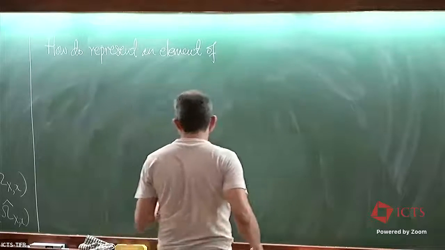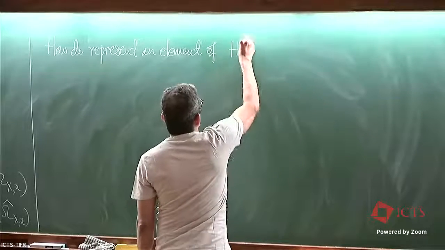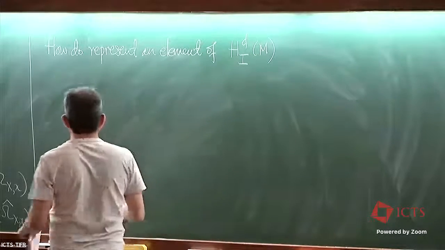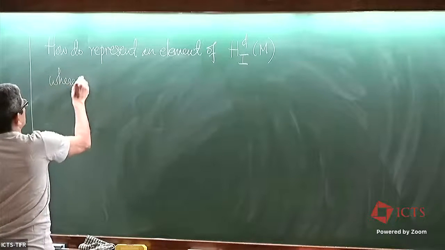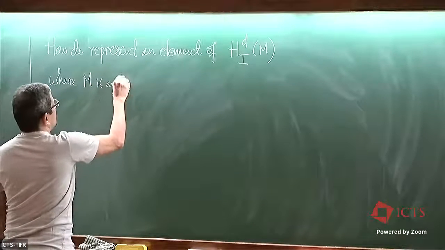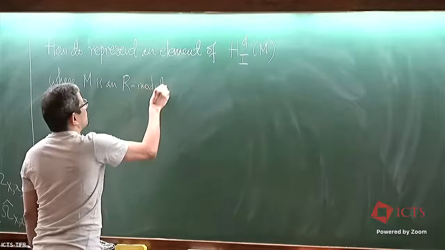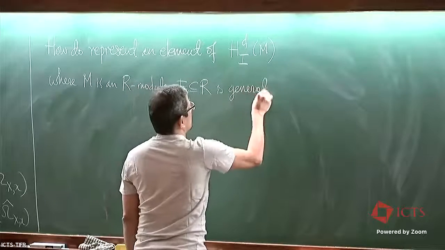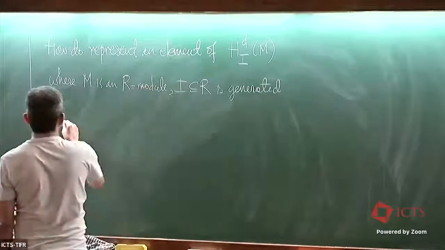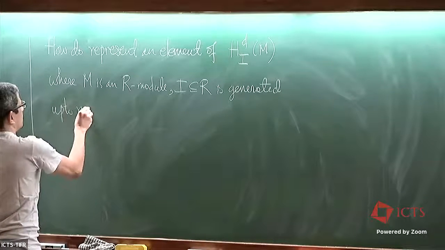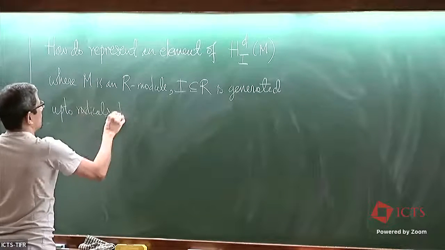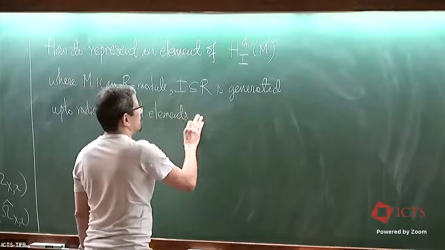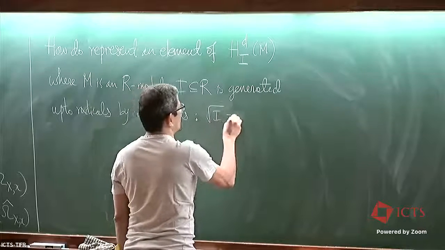How do we represent an element of local cohomology, where M is an R module and I inside R is generated, if you want, up to radicals by d elements?